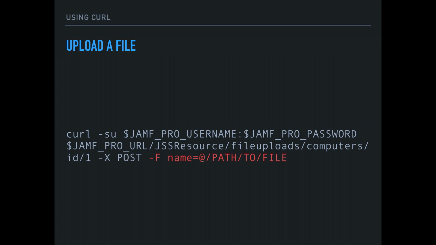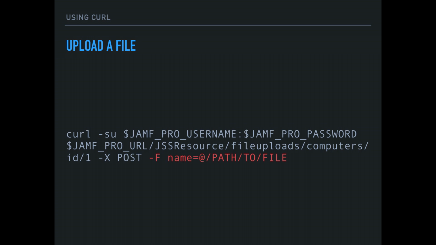One part of the form you're defining is the name for the file, because instead of file equals, Jamf expects it to be name equals, and then you have to tell it to actually go load in the contents of that file. If you had multiple fields you were submitting, you would do a -F key equals value for each one of them. Gotcha. Okay, that makes sense.